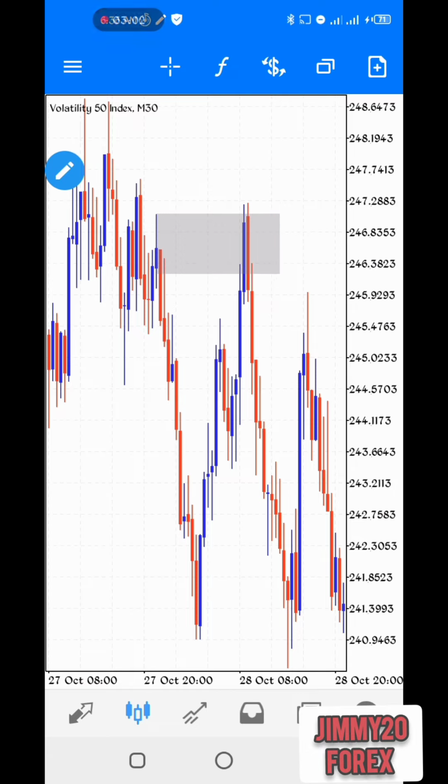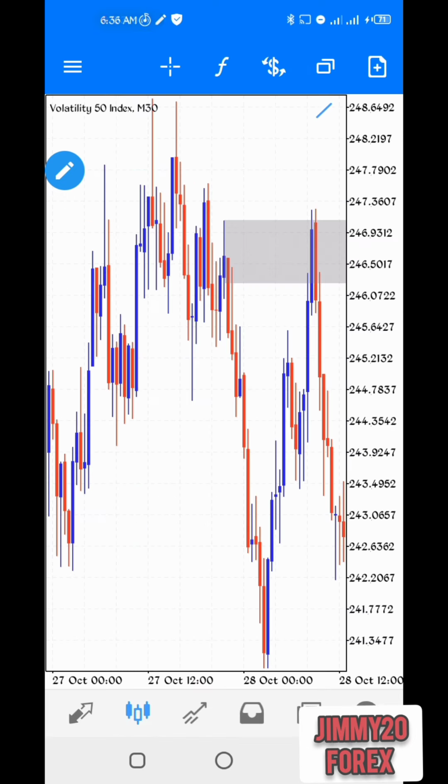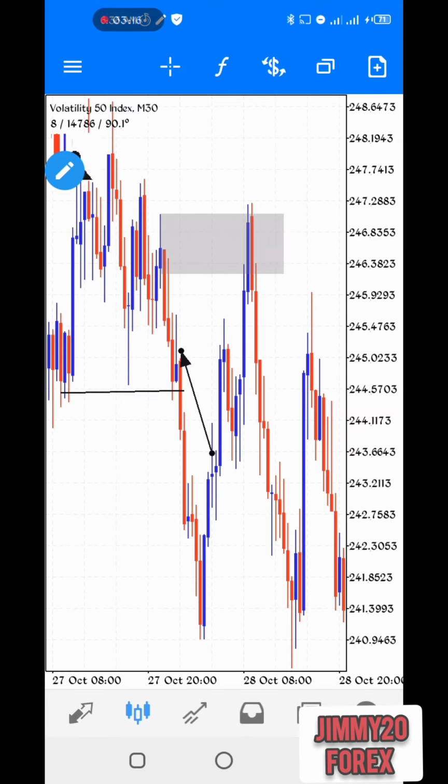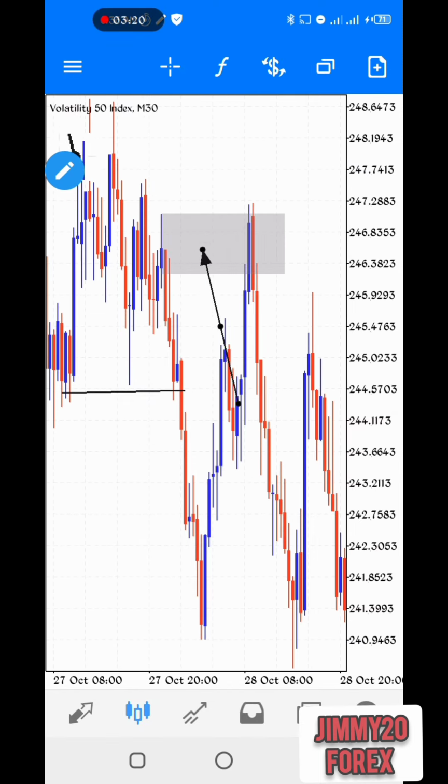For example here, the force that created the break of market structure at this point originated from this point here. So this one is a supply area.